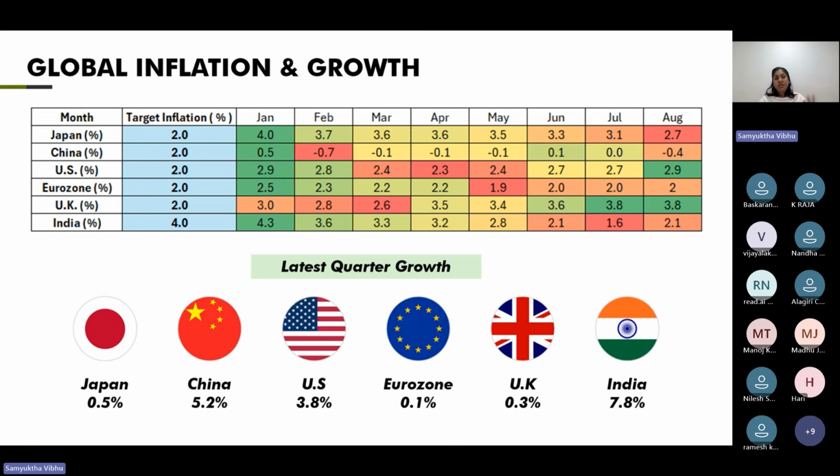Now, while we've studied the inflation data, it also makes sense to look at what's happening on the growth front. When we look at Q1 data, you see that the Japanese economy has actually expanded. So you had some moderate economic activity. China is actually rebounding. From a slump in terms of a slowdown, the last quarter has been a fairly good number for China.